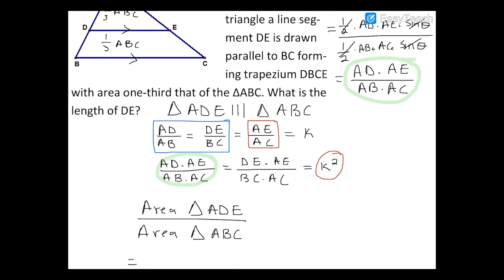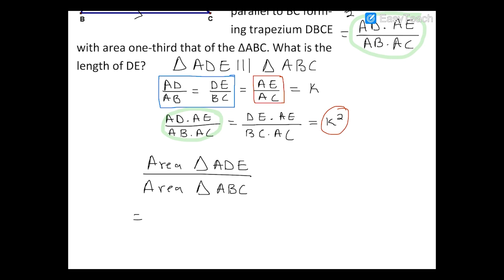So let's substitute that in. So now the area of ADE is 2/3 of the area of ABC, and this is just divided by the area of ABC. Okay, so that can cancel that, and that means our k squared is actually equal to 2/3.